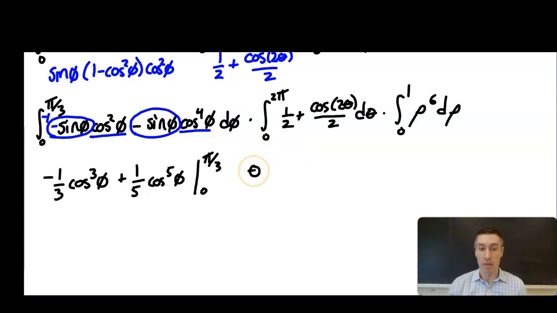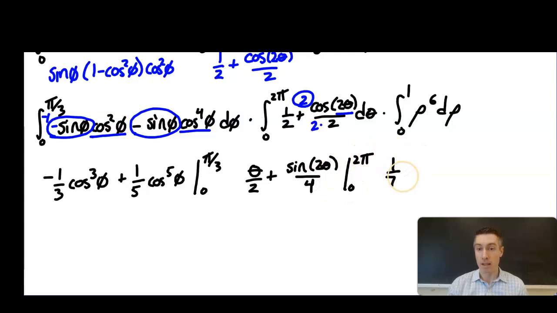Then we have theta over 2 plus 2 theta would be u, du would be 2, so we circle that factor of 2. So plus sine 2 theta over 4 from 0 to 2 pi. And then 1/7 rho to the 7th from 0 to 1.